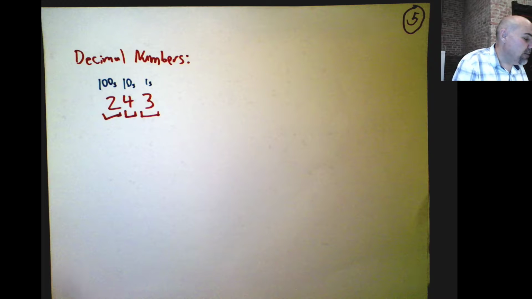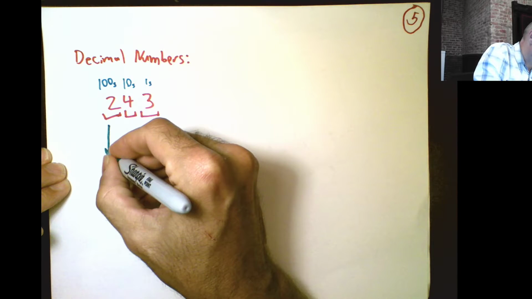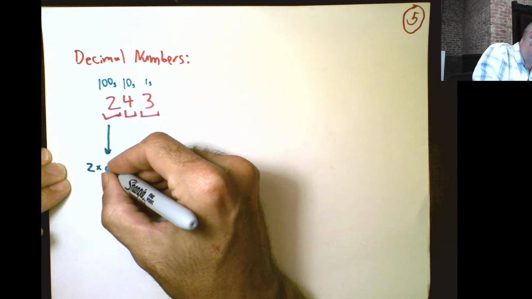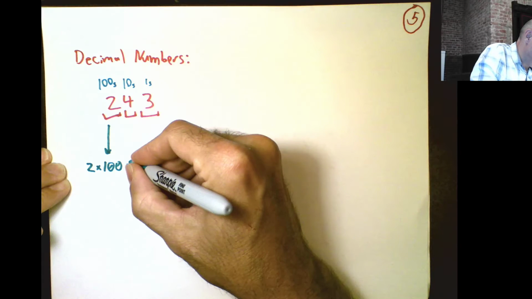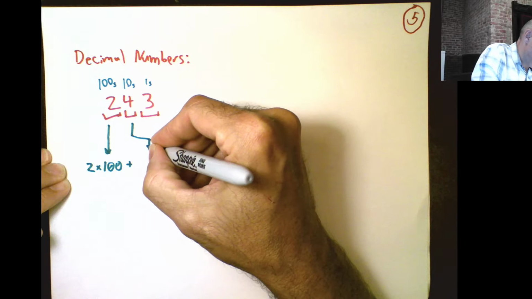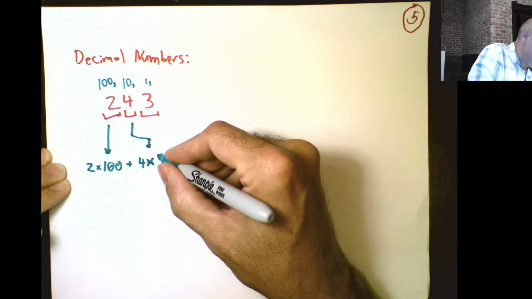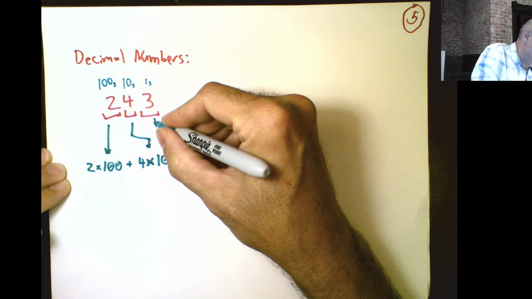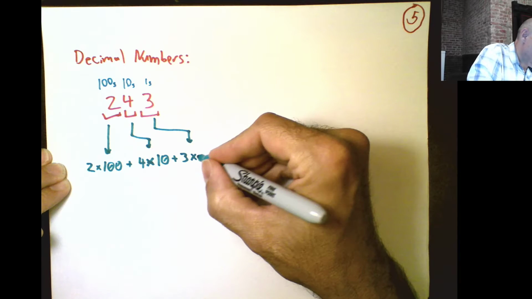So if we were to break this out into each of the positions, the way we'd think of this is that's 2 times 100, plus this one is 4 times 10, and then this one is 3, so plus 3 times 1.